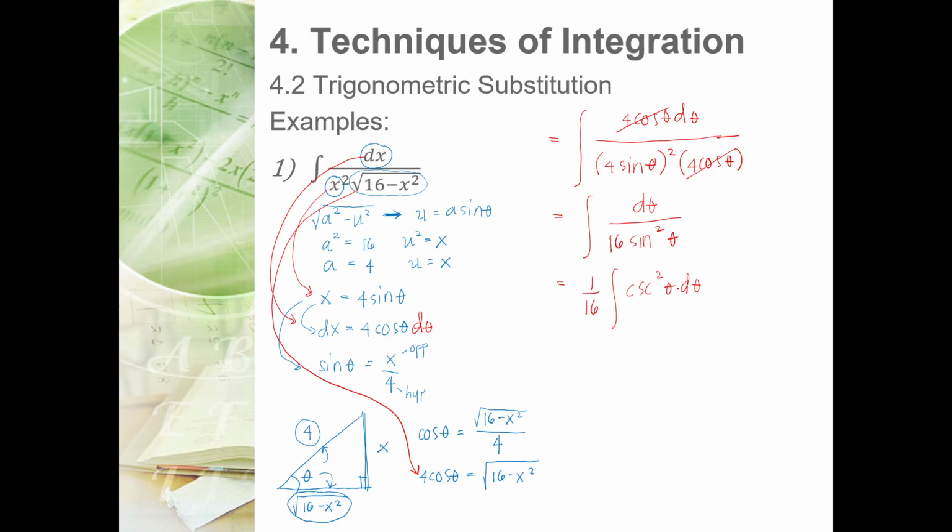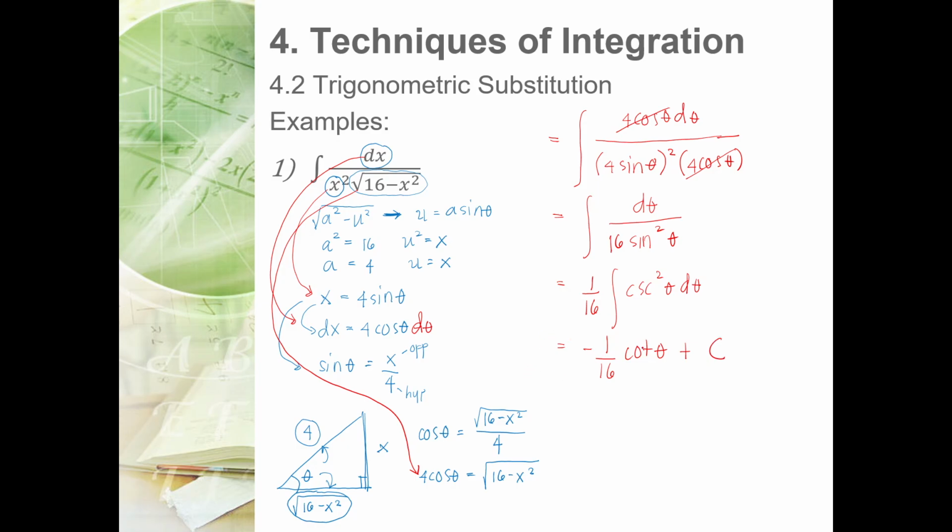Right? Okay, so the integral of cosecant squared theta is negative cotangent theta plus c. So is this our final answer?